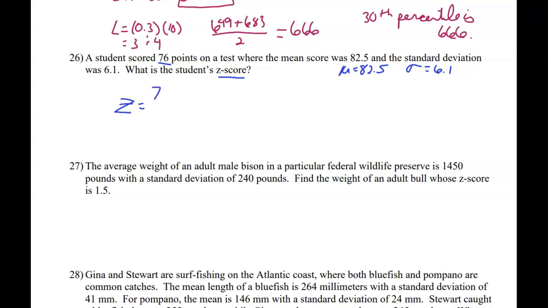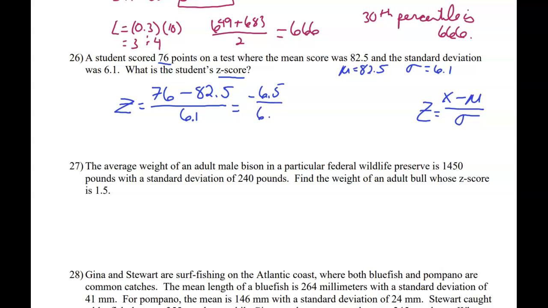Okay, so we're looking for the z-score. We know the student's score, we know the mean, and we know the standard deviation. Because remember, z is equal to the value minus the mean, divided by the standard deviation. So we do the subtraction first, and we get negative 6.5.